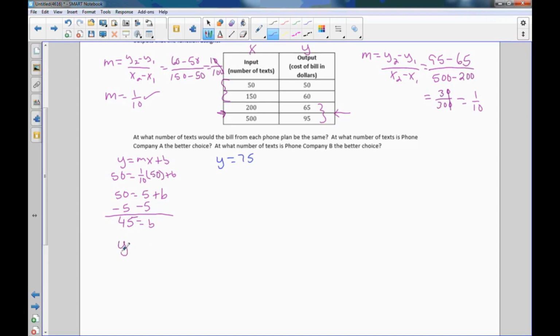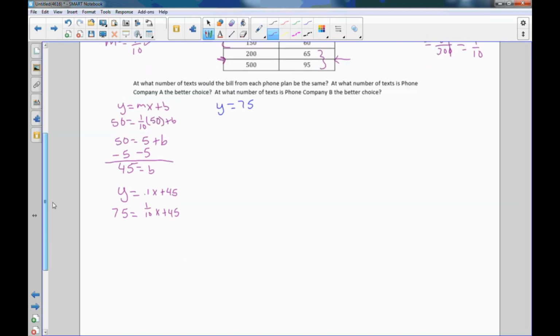So my equation is y equals 1/10 or 0.1 x plus 45. And my other equation is y equals 75. So if I set those two equal, I prefer fractions, so let me stick with fractions: 75 equals 1/10 x plus 45.